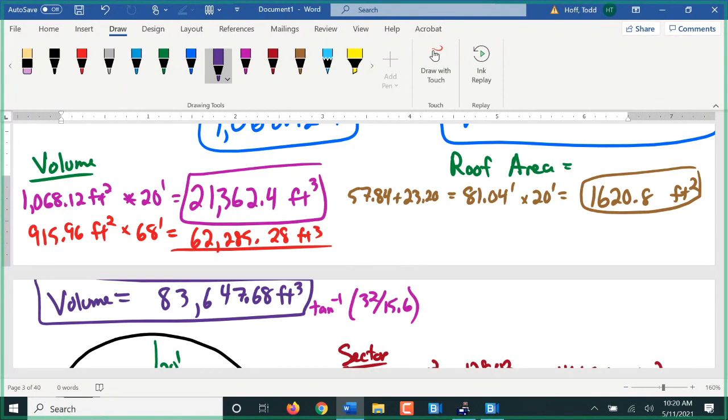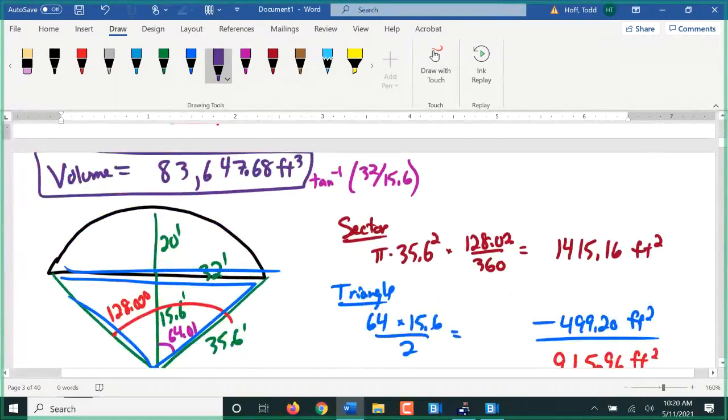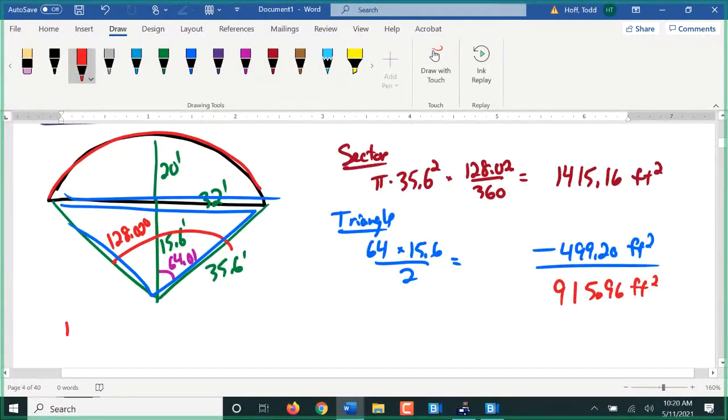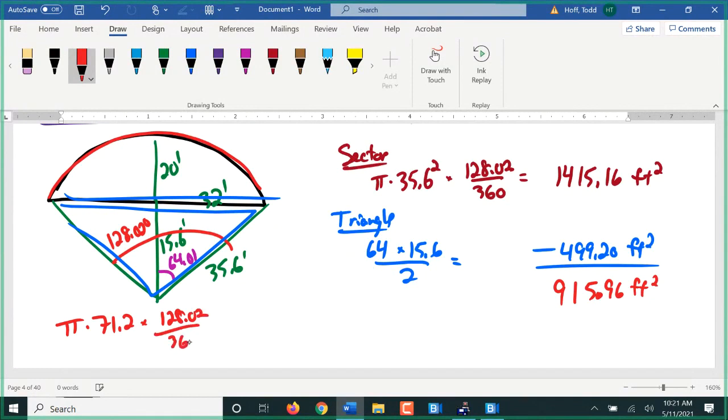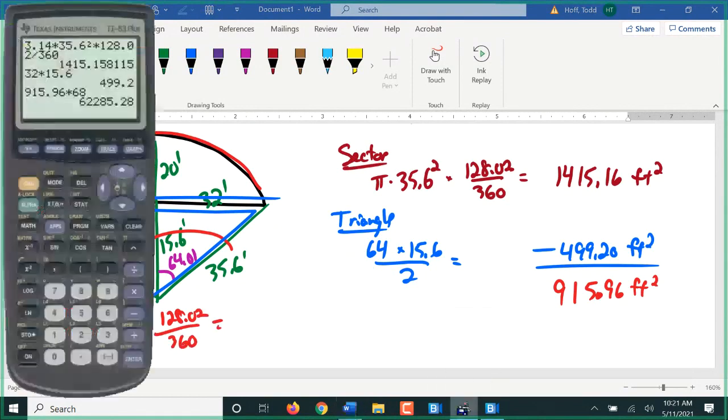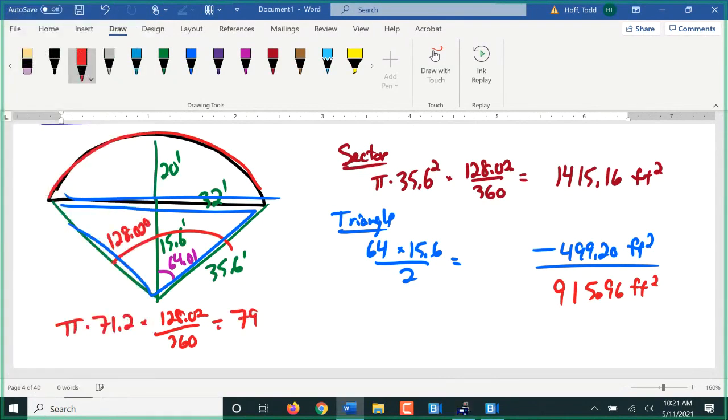Now let's find the contribution of this piece to the roof area. To do that, I need that arc length. That's pi times the diameter of 71.2 times that 128.02 over 360, giving us a length of 79.50 feet.